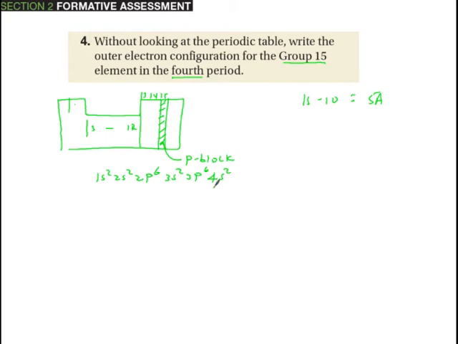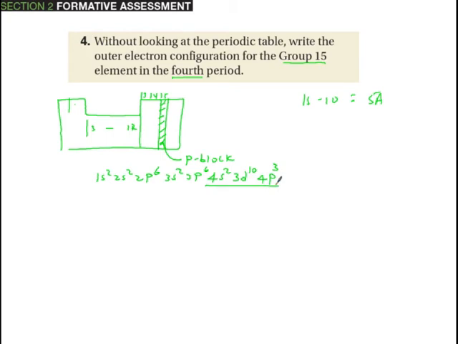But if we stop here, we don't have 5 electrons in the valence shell, it will be group 2. So I have to keep on: 3p6, 4s2, 3d10, and 4p3. Now we want to focus on this part.